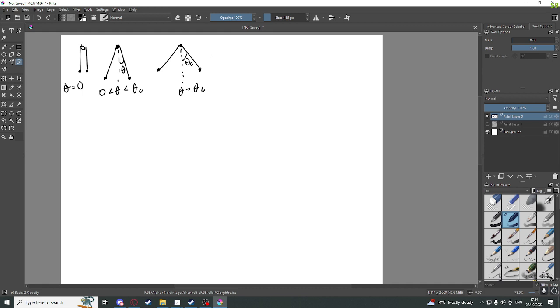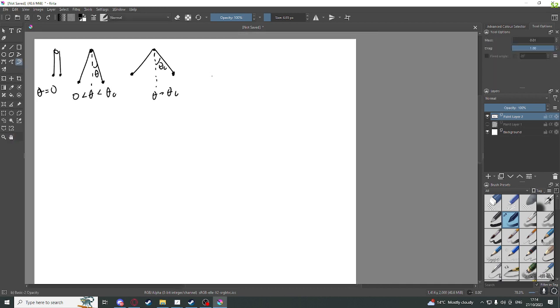So just a thought experiment. If the repulsive force is weak enough, theta c will be less than 90 degrees.